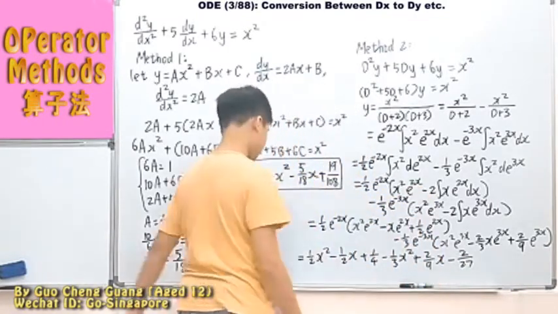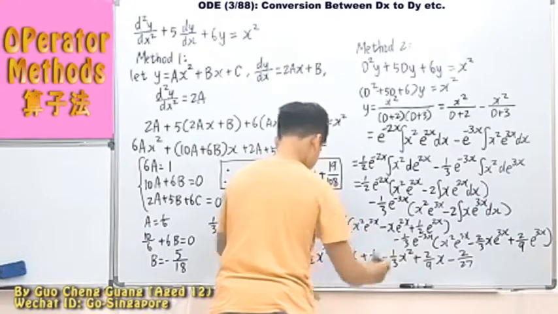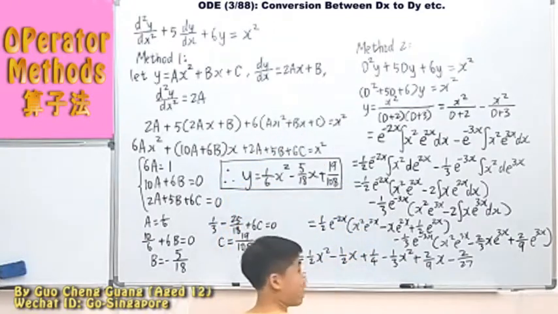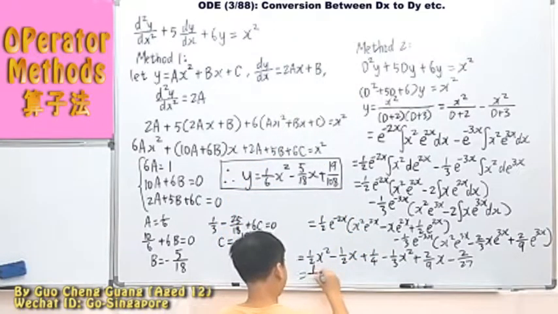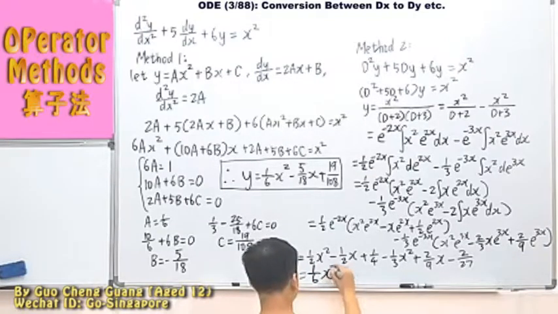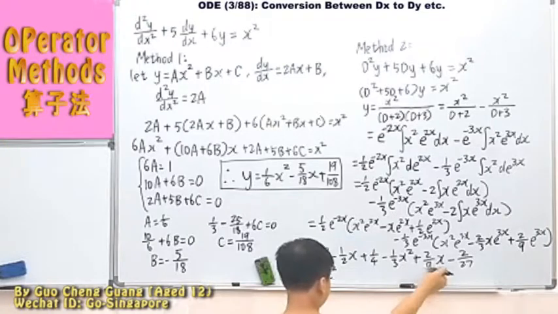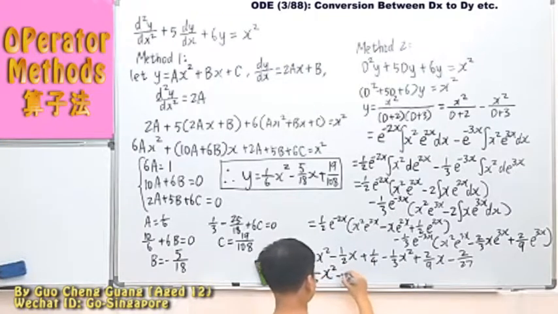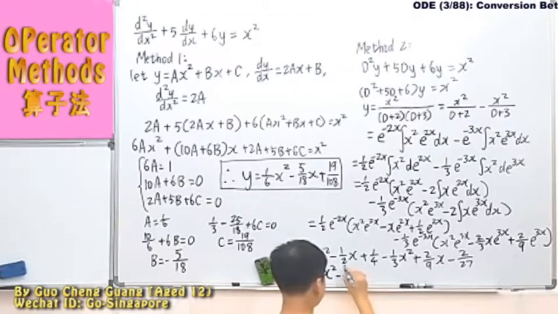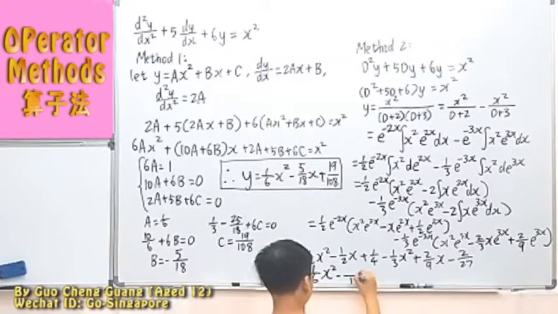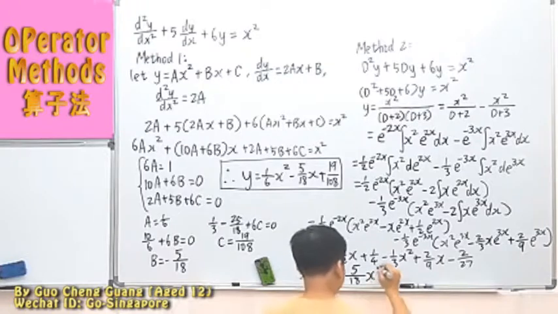Then for the last part here, so x squares, you put them together. And in this case, you have 1/6 x squared. That's why for those x, you also put them together. Here's clearly a negative. So here you have a negative 5/18 x.